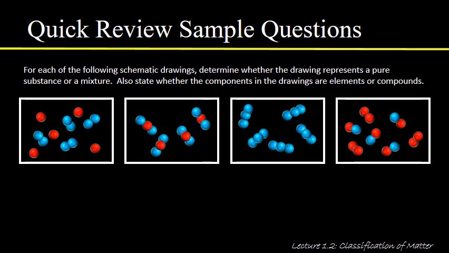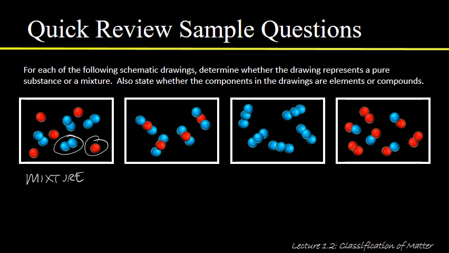All right, so in this first one, first thing I would do is look at the ultimate particles, right? Obviously that ultimate particle is different than that ultimate particle, so this is a mixture, right?